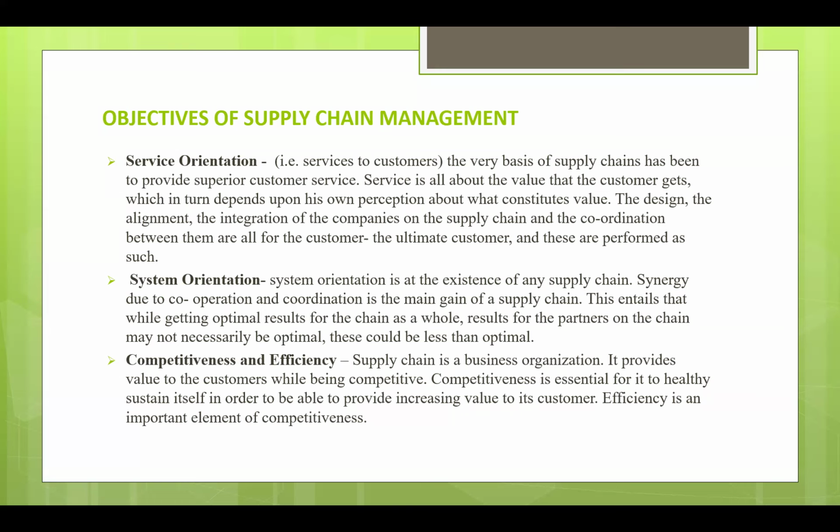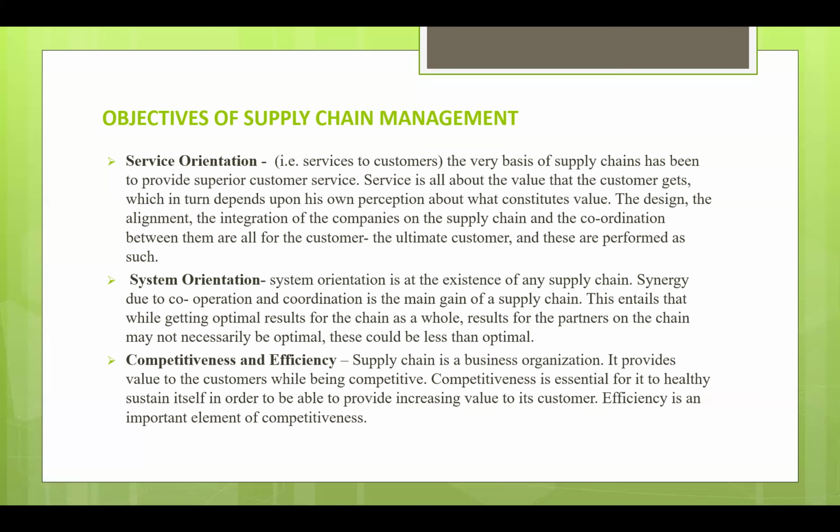The design, the alignment, the integration of the companies on the supply chain and the coordination between them are all for the customer, that is the ultimate customer, and these are performed as such. So the first objective of supply chain management is service orientation, that is providing better services to their customers.